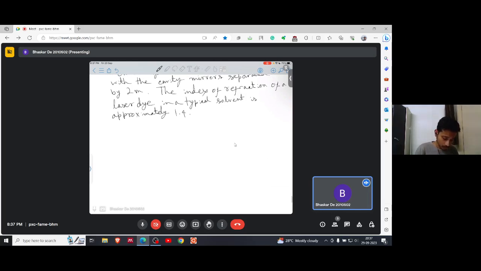So now I will start with the first problem, that is delta T shape equal to 2 eta d by c. So for a helium neon laser, eta is closely equal to 1.